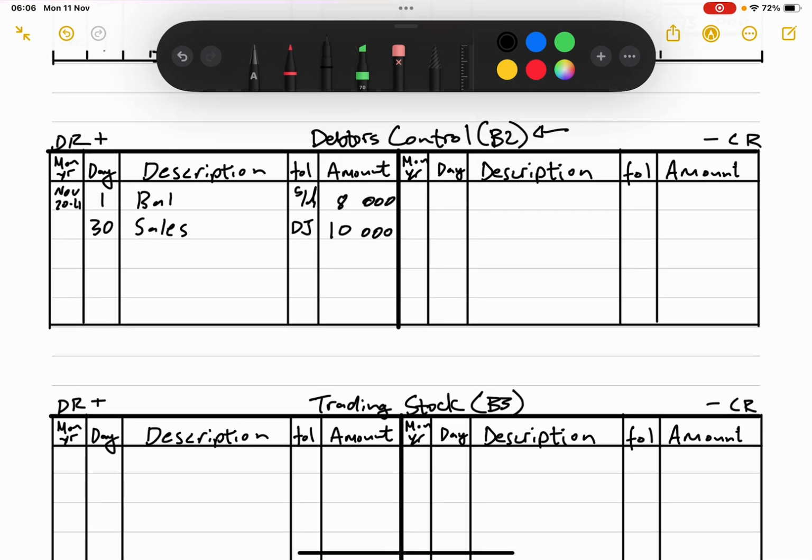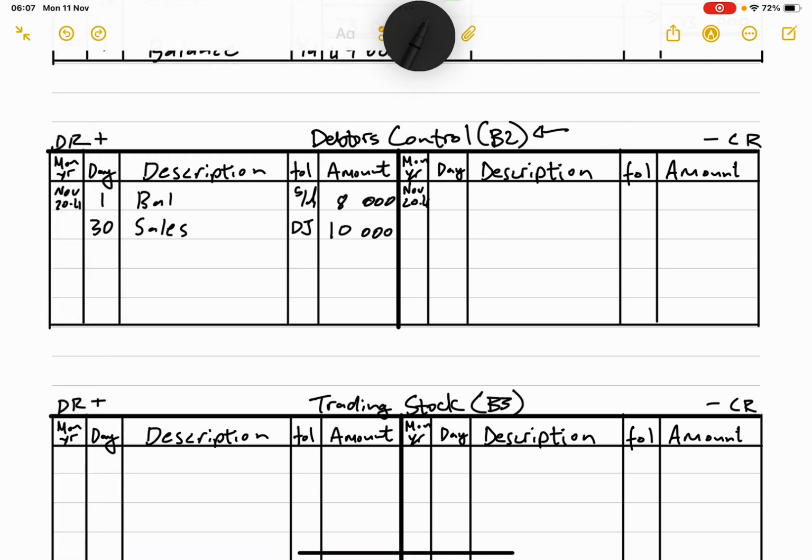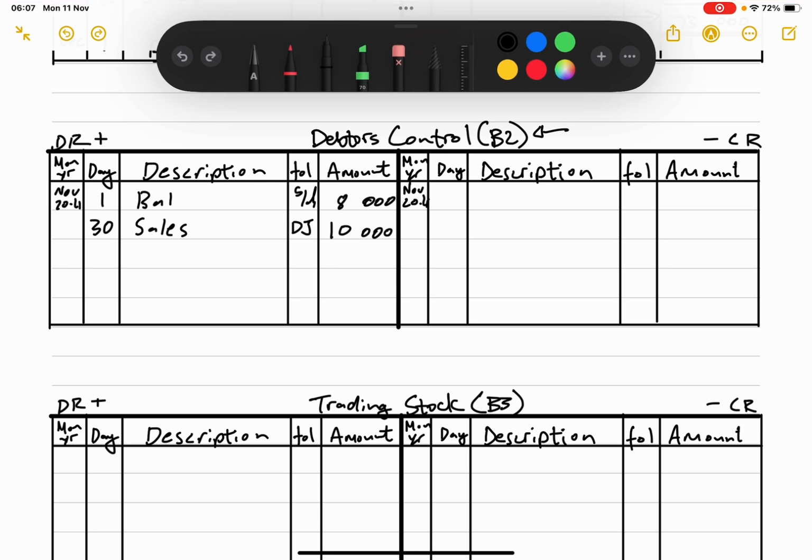So then on this side, you now need to think, well, what will decrease your debtors control? Things like when we give debtors allowance, debtors discounts, settlement discounts.